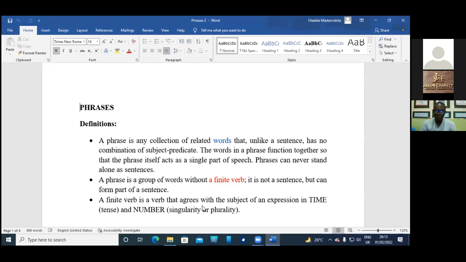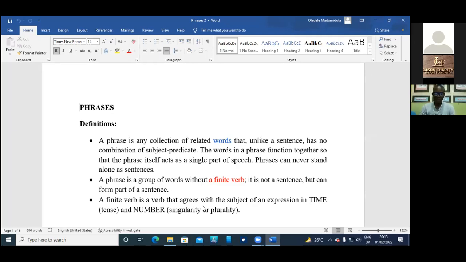Now, I will try to break that down. And I will go with the second definition that says a phrase is a group of words, of two or more words.